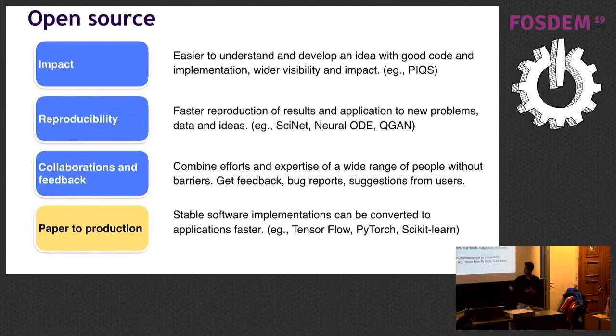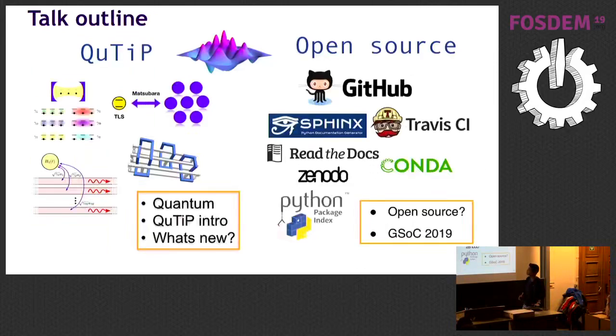But still, as we develop these machines, someone comes up with a brilliant idea, writes a paper, and someone wants to run it on, I don't know, an IBM machine or a Rigetti machine. To go from the paper to production, if there is already an interface and code written, it becomes extremely easy to test this and immediately check, okay, this works, this doesn't work. So in all these ways, open source is really revolutionizing how people are doing research, especially in quantum physics.